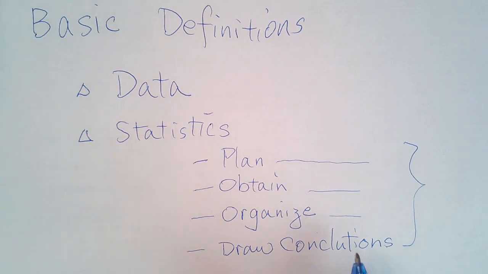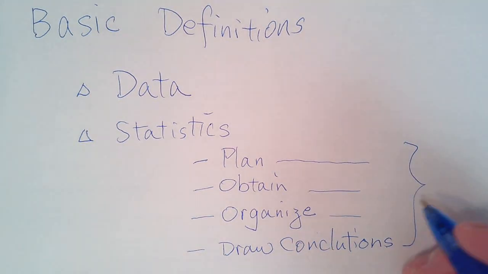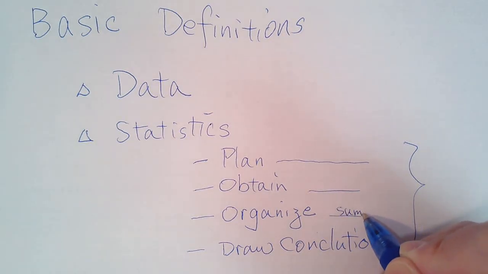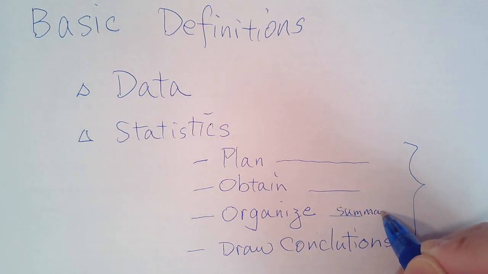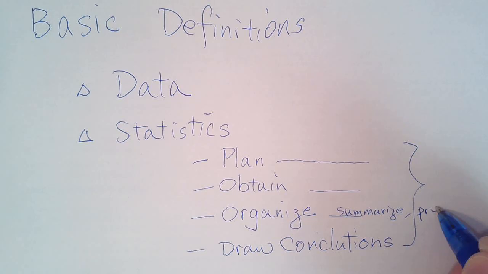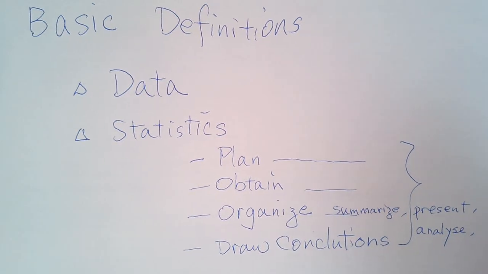And of course, after that, there's one more step, which is to do the study. I should probably add it here. So you're going to summarize it, and then you're going to do some presenting to see what the data really mean, and then you're going to analyze, and at the end you're going to interpret, right?